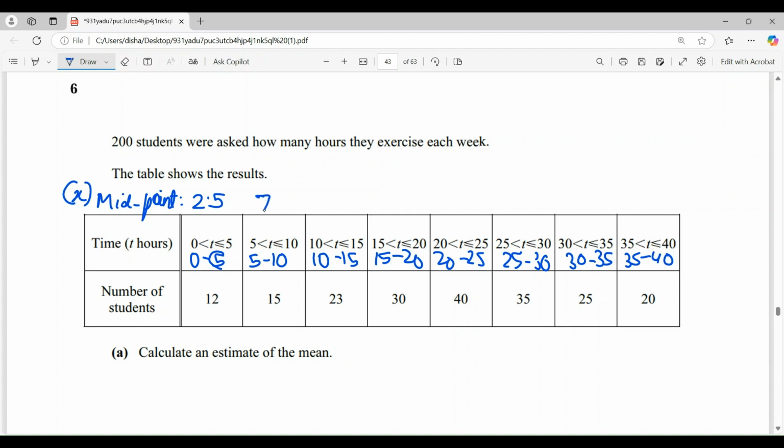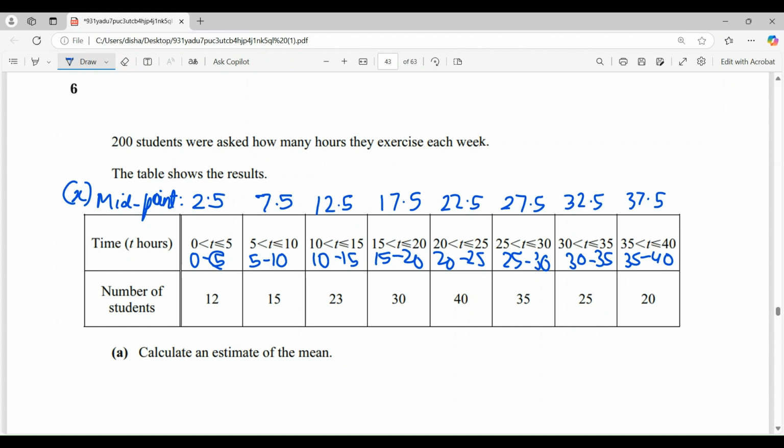Now once you get the two values, then you'll be able to know the pattern. It will be 12.5, 17.5, 22.5, 27.5, 32.5, 37.5.